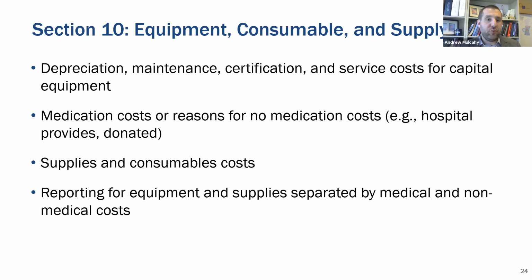There are some separate questions for uniforms and for medications. Medications can be a very sizable expense for some organizations and much less so for others, so that's broken out and separately reported. This is another one where the questions are probably pretty straightforward and probably along the lines of what you already track for accounting purposes.